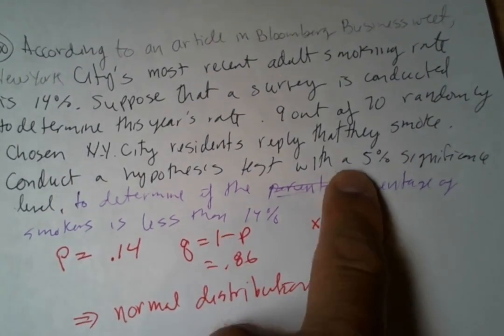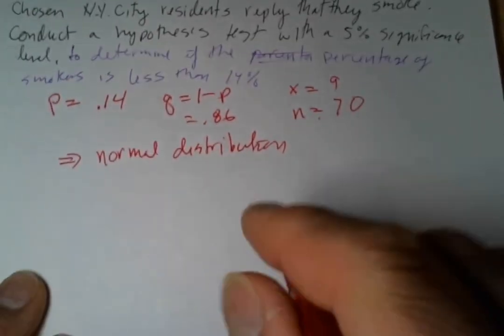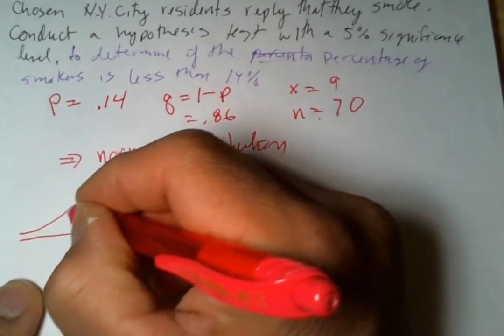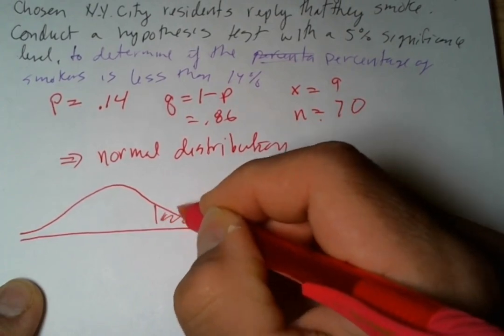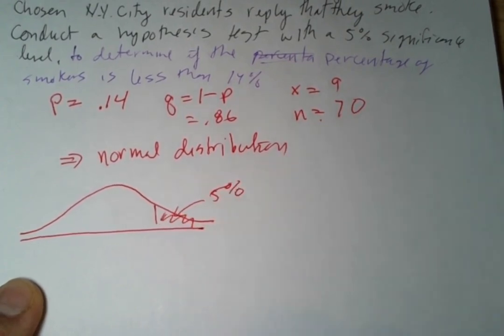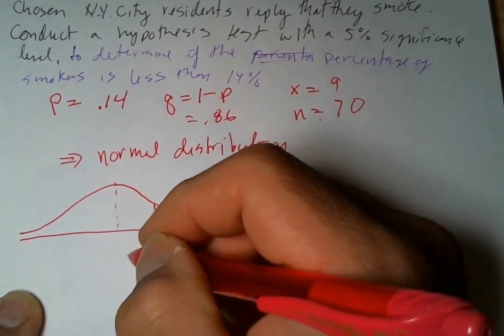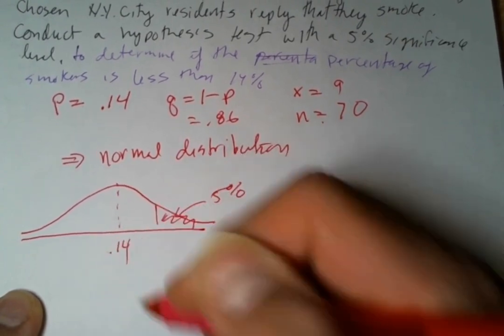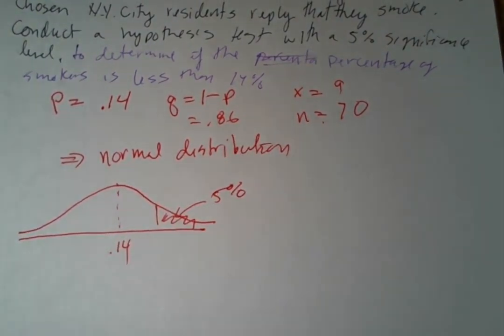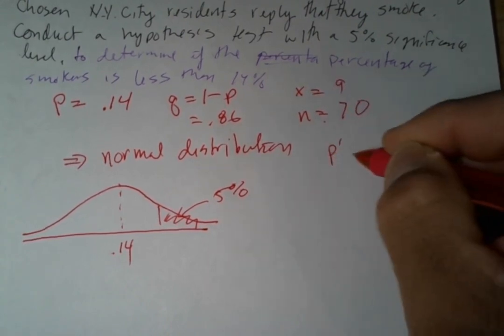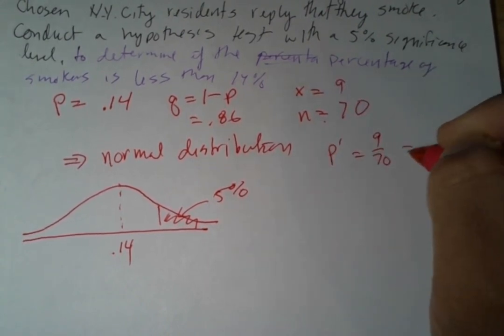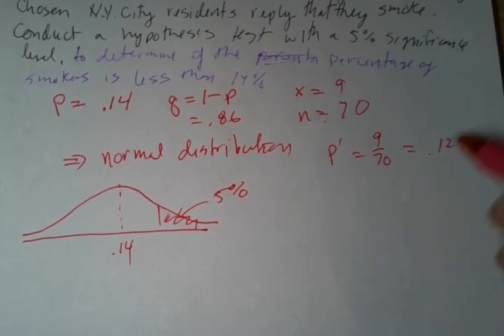We want to conduct it at a 5% significance level, where our population proportion is 0.14. Our sample that we've taken, p prime, is 9 out of 70, which is 0.129.